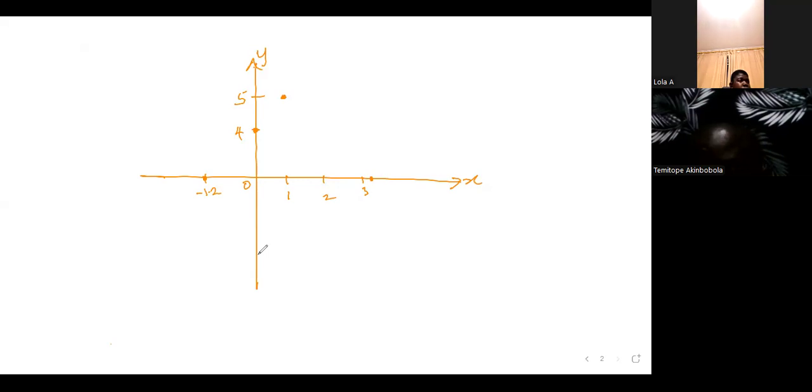Is that clear? So this is the x-intercept. If you look at the way the points stretch out, we can join this to this, to this, and come down to this.